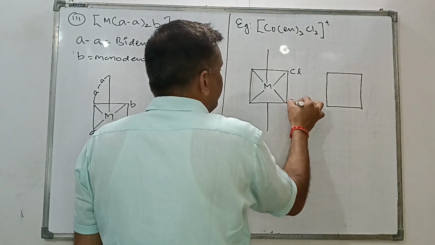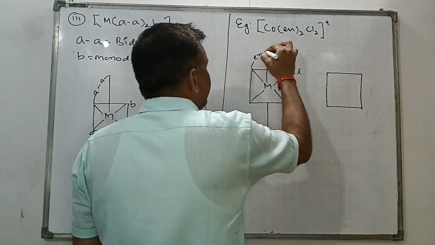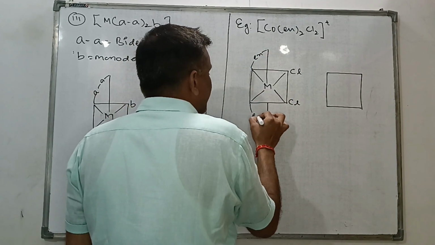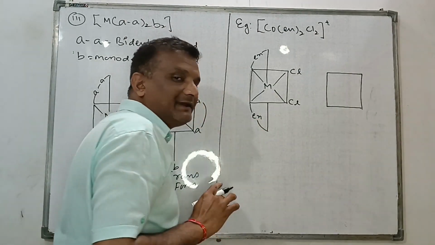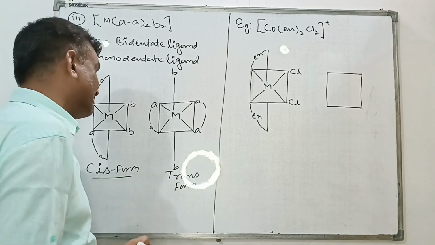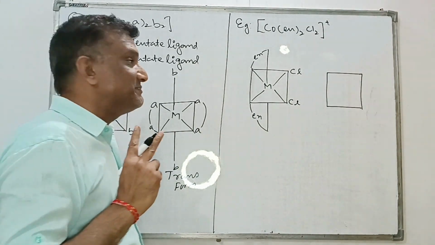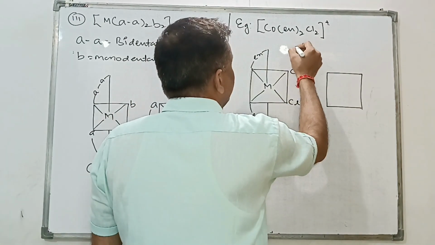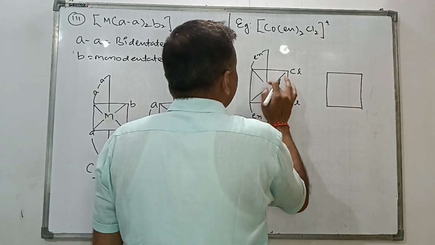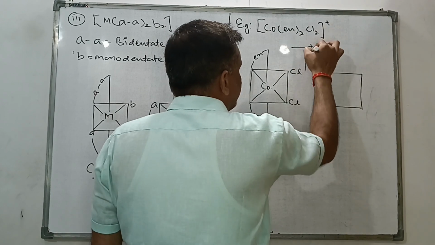Cl with the angle of 90 degrees. This is your en. This is your en with the angle of 90 degrees. Don't use en two times because en is a bidentate ligand. Here A and A both combinedly are known as just a bidentate ligand. And here will be the positive charge and the metal atom will be cobalt. Charge will be +1.